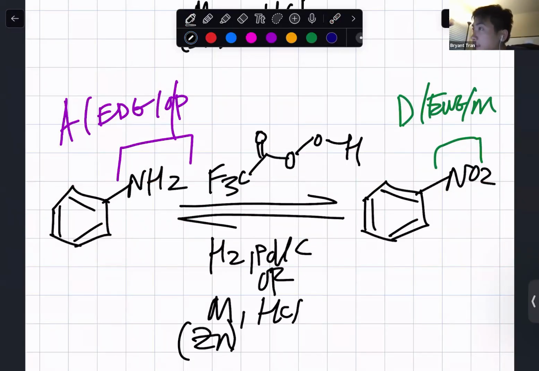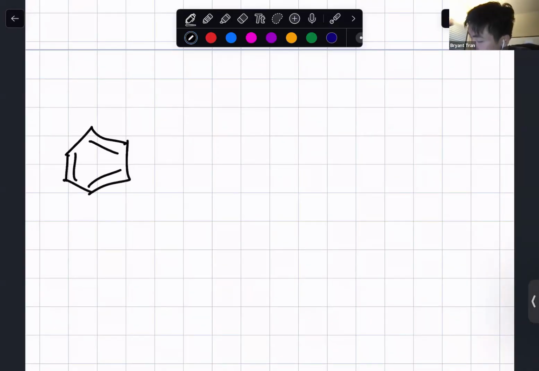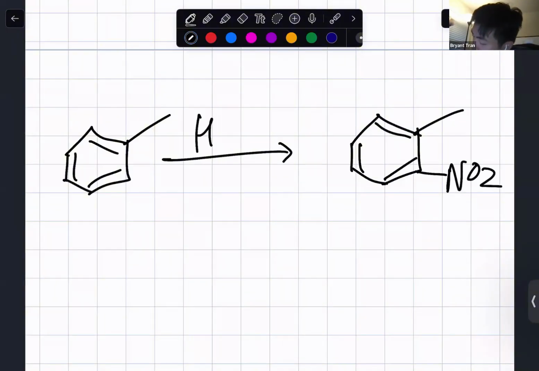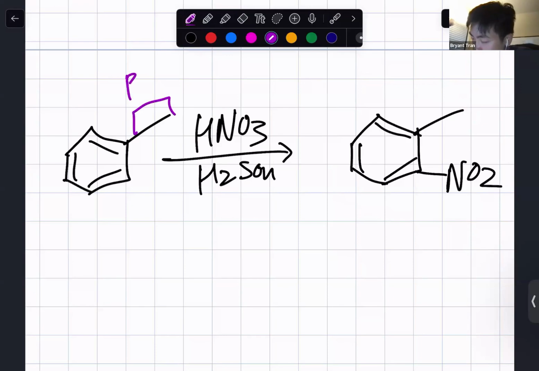Okay. Now the last thing here for synthesis is protecting the para position. Because let's say, for example, we have this toluene, which is a benzene with a methyl, and we want to get this in 100% yield. If we do nitration, we will get this, but we won't get this in 100% yield because we know that this methyl group is an activator, EDG, therefore ortho-para director.